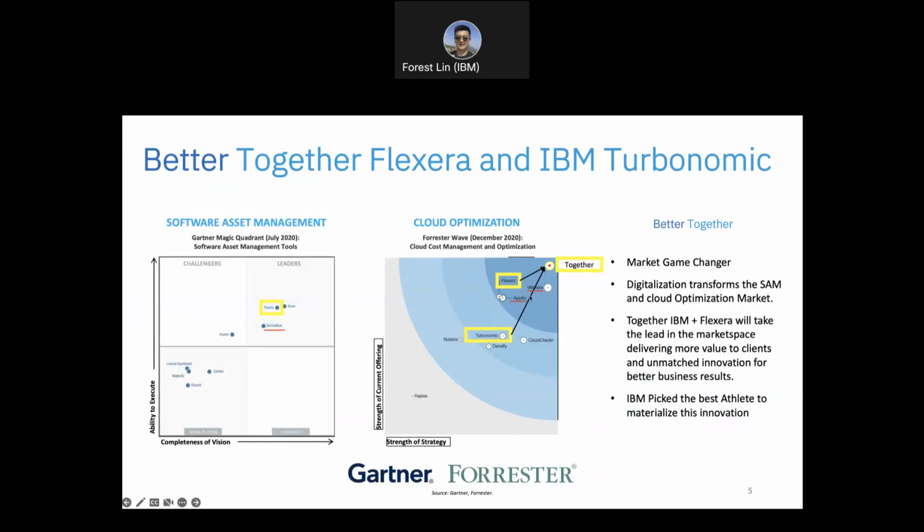Flexera implements the FinOps framework, and Turbonomic is an automation tool. So together they make the product even stronger and move into the real leader position. And it is a game changer.